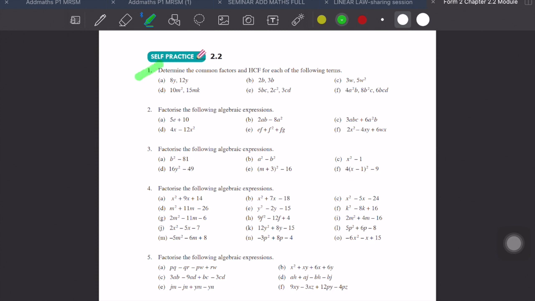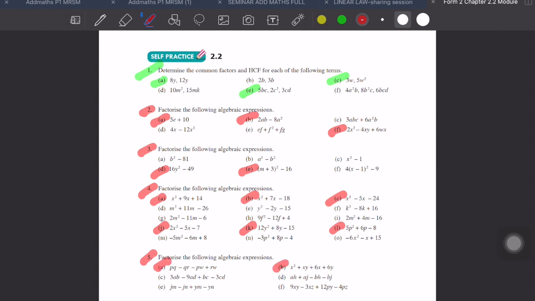Buat number 1, A, C, E. Number 2, A, B, F. Number 3, D, E. Number 4, A, B, C, J, K, L. And last number 5, saya nak buat A, B sahaja.